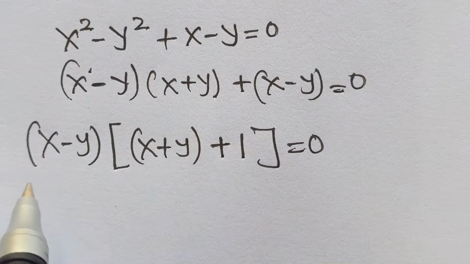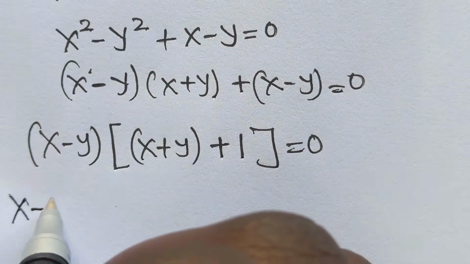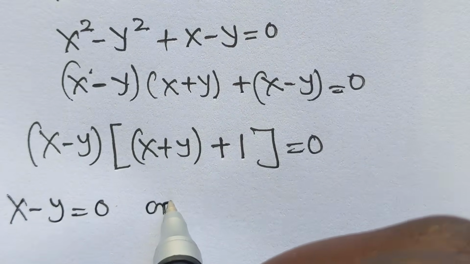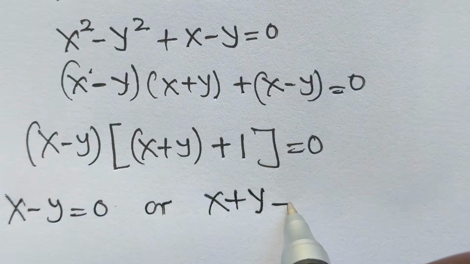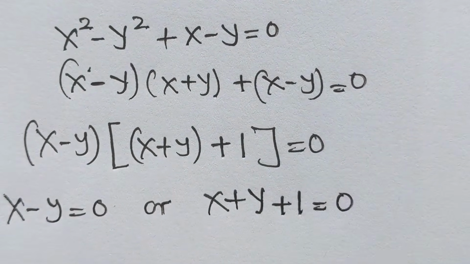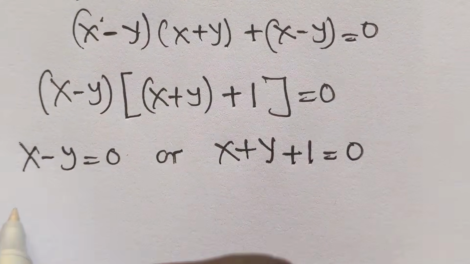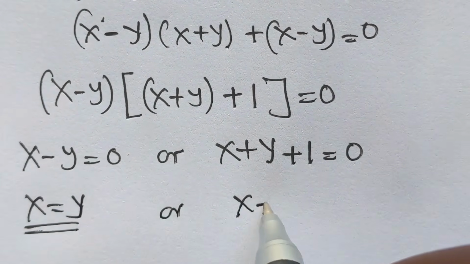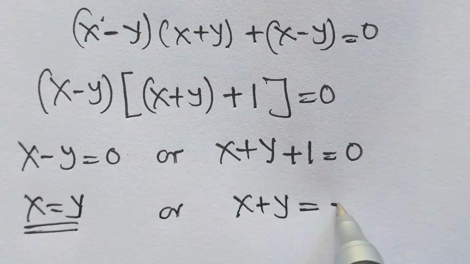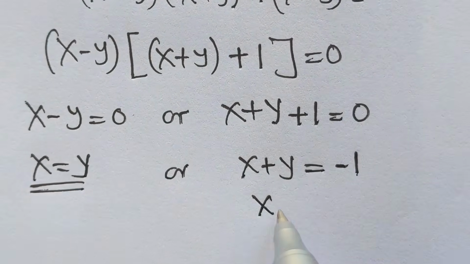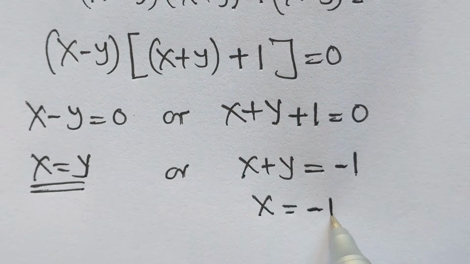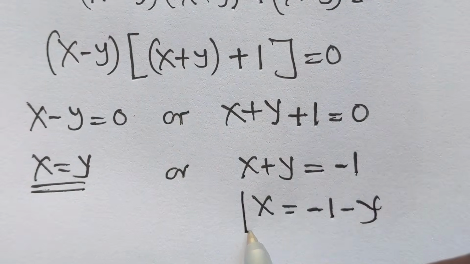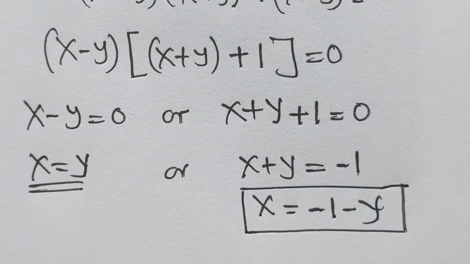At this stage, we have x minus y equals 0, or x plus y plus 1 equals 0. Of course, x equals y, or x plus y is negative 1, where x is negative 1 minus y.